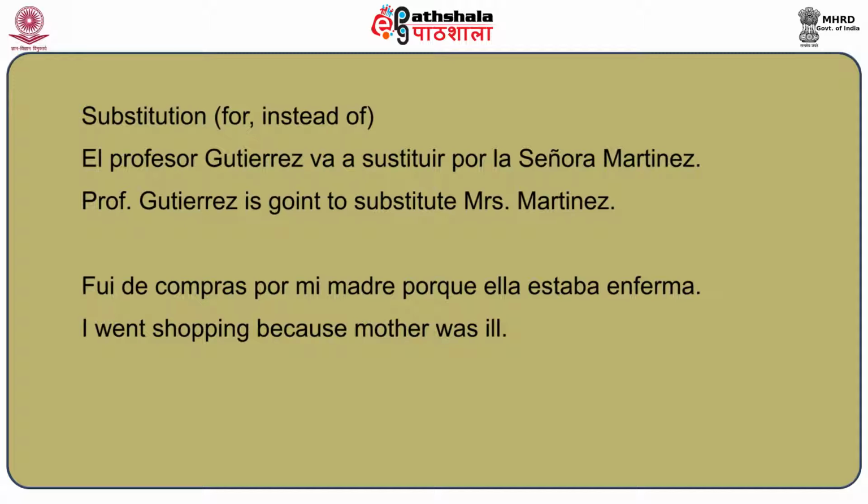Another example, fui de compras por mi madre porque ella estaba enferma. I repeat, fui de compras por mi madre porque ella estaba enferma. I went shopping instead of my mother because she was ill.